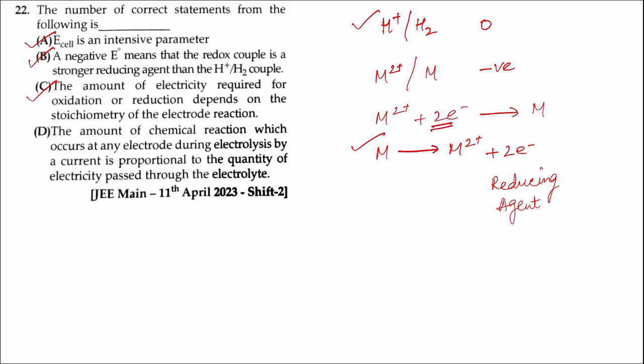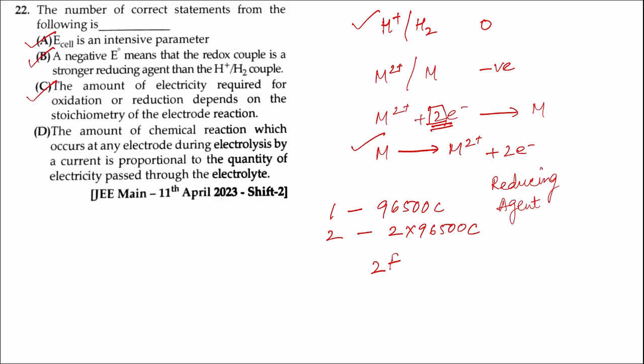So 2 moles of electrons means what charge? 1 mole of electrons means 96500 coulombs of charge. So 2 moles of electrons means 2 into 96500 coulombs, and 96500 coulombs is also known as 1 Faraday. So 1 mole of electrons means 1 Faraday of electricity, and 2 moles of electrons means 2 Faradays. Whatever the stoichiometric coefficient of the electron in the balanced reaction, it decides the amount of electricity.